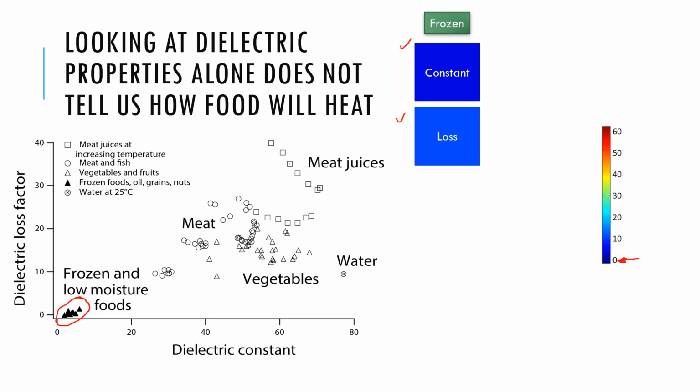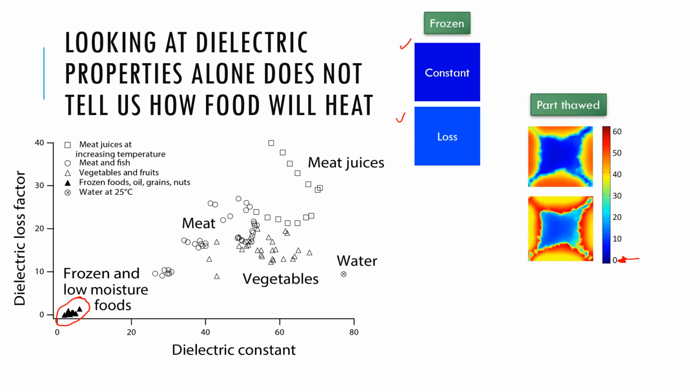It shows the values of constant and loss, which are very low to get started. And then when it thaws, it looks something like this, when it's part thawed, not totally thawed. Again, the top one is dielectric constant and the bottom one is dielectric loss. As the material thaws, it moves this way. This is frozen meat, so it moves this way.